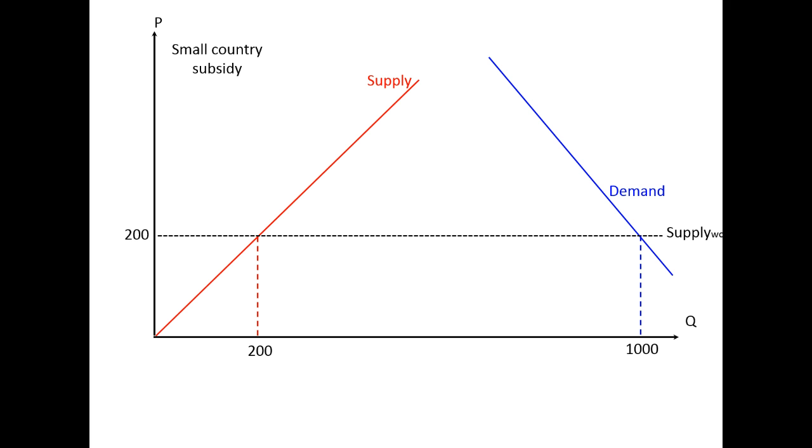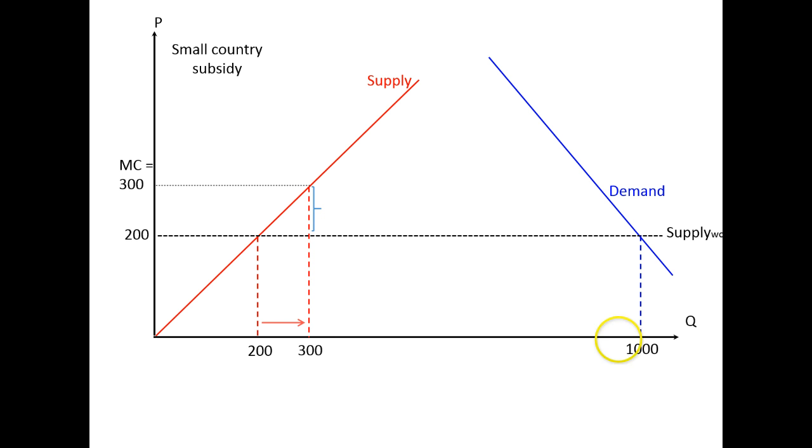Okay, let's take the example we had earlier with the supply and demand functions. We know that the world market price is 200, we are producing 200 and we're consuming 1,000 originally. The government wants to increase the production up to 300, so we have to give a subsidy of 100 money per produced unit.